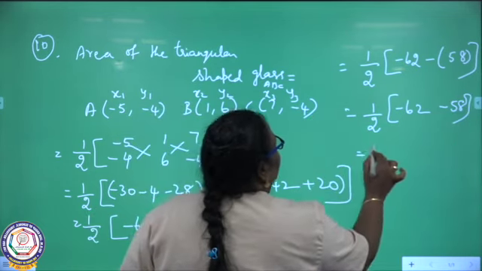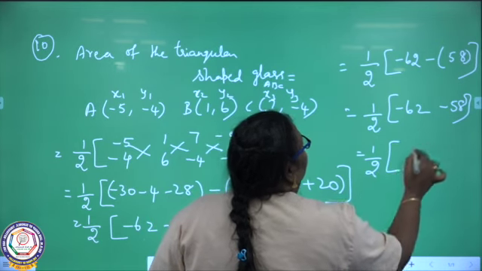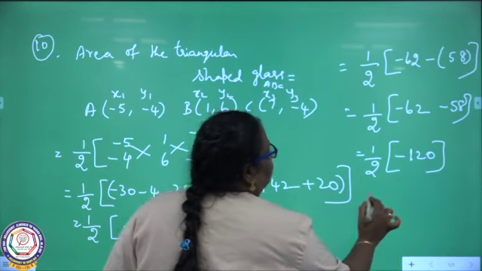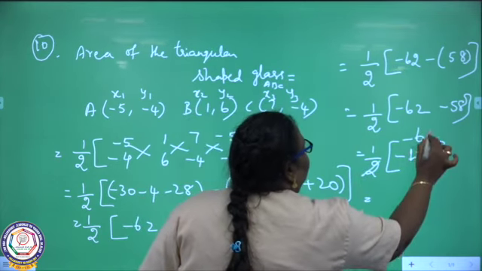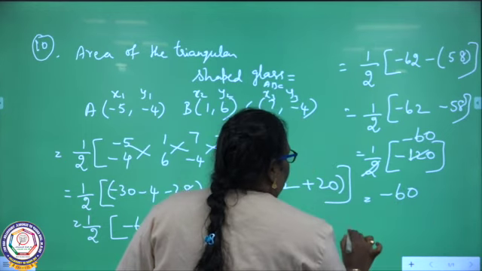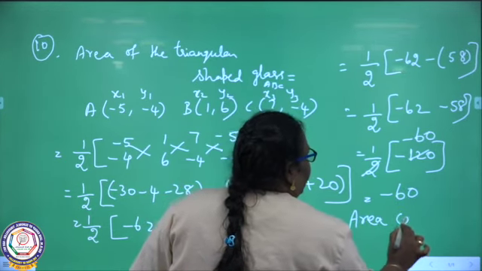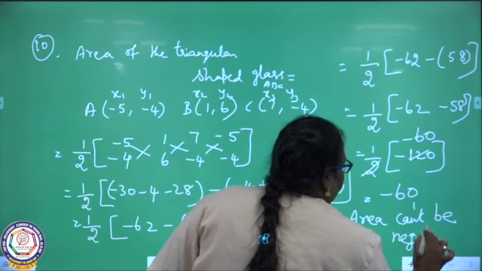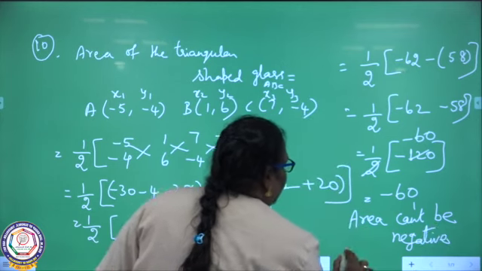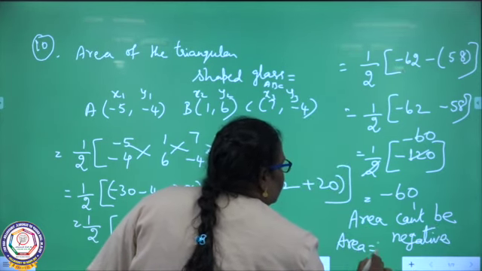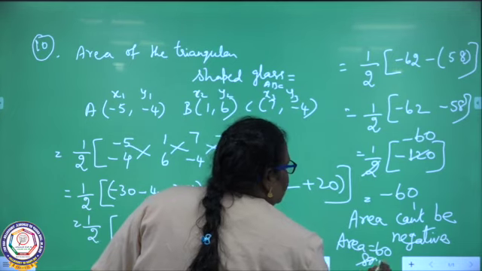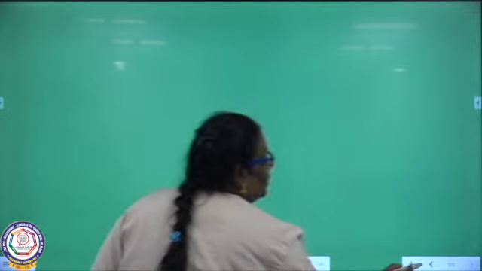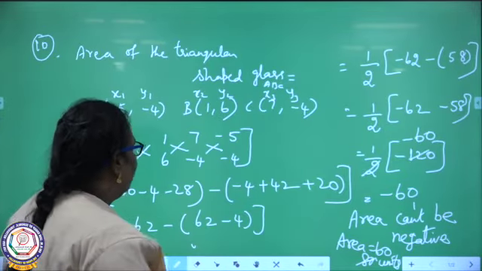So it gives 1 by 2 into minus 120, which is minus 60. Area cannot be negative, so the area is equal to 60 square units.